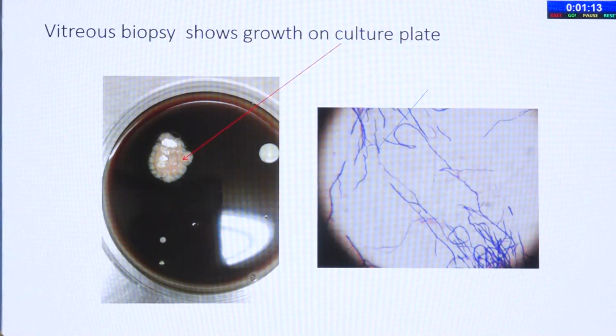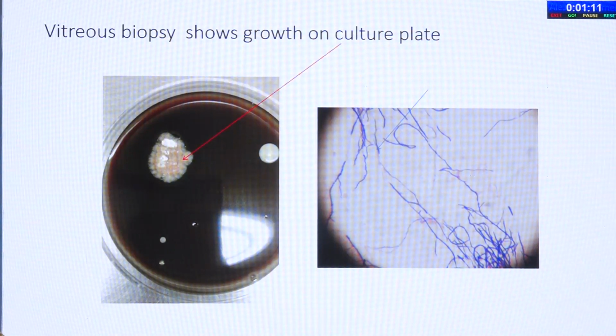I really didn't know what I was dealing with, so we subjected this young child to a diagnostic vitrectomy where the sample was collected over this macular lesion and it was sent for examination in the lab. Acid fast staining came out to be negative. The PCR for MTB bacilli was also negative.